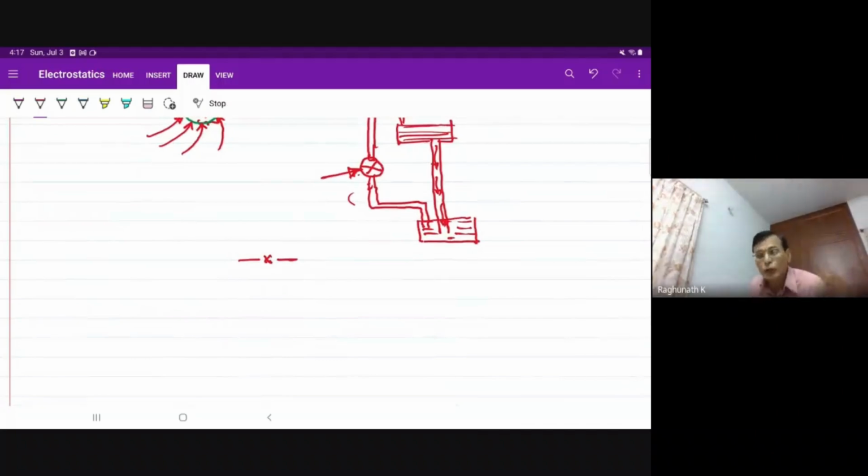Whenever we want to drive a current of 5 amperes through a resistor, through a conductor, we need to apply a potential difference. We cannot straight away create electric field intensity. We need to apply or create a potential difference between the ends of that conductor.